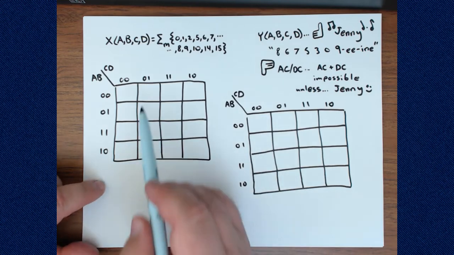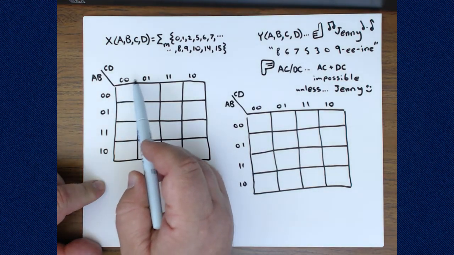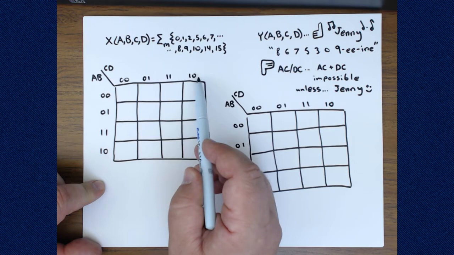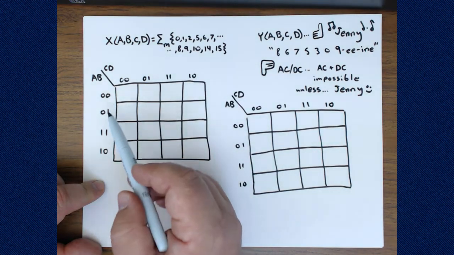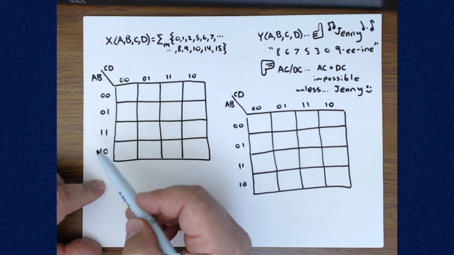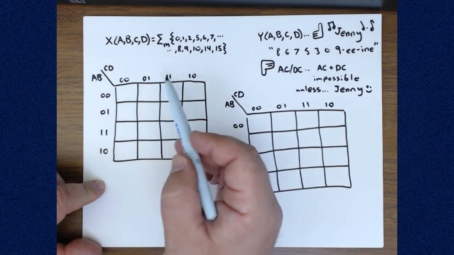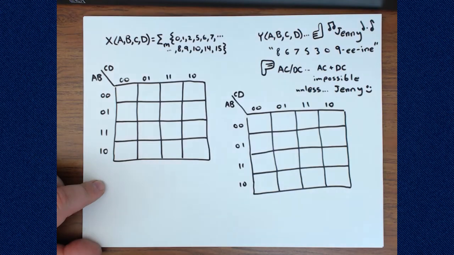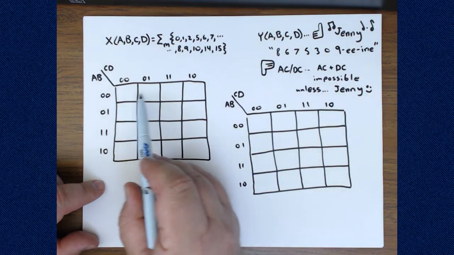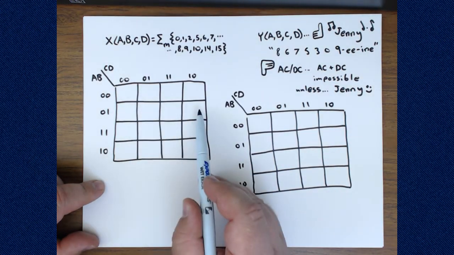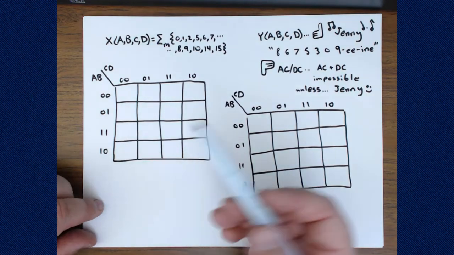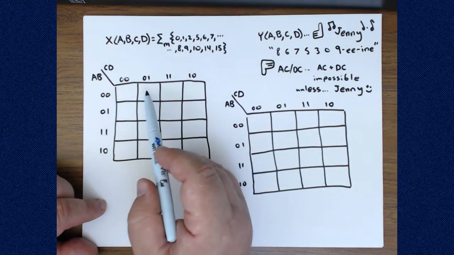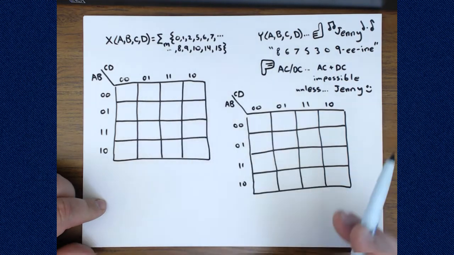Now remember in this one, not only do we have the gray code order horizontally, but we also have it vertically. So we go 0, 1, 3, and then 2. 0, 1, 3, and then 2. So we'll have one row, another row, then we'll skip a row, and then come back a row if we were counting in order. And in each row you go first, second, third, and then fourth.